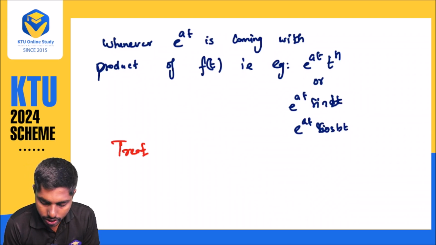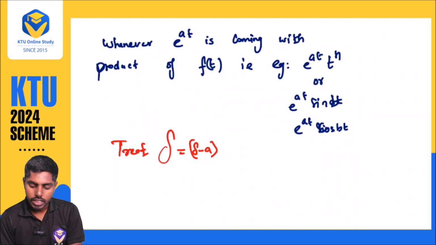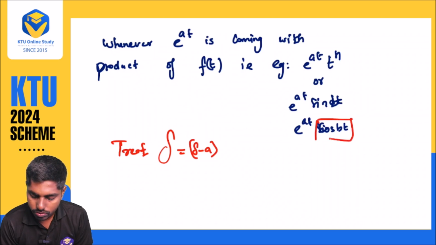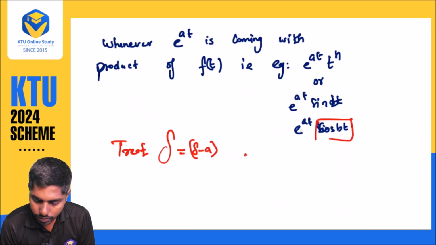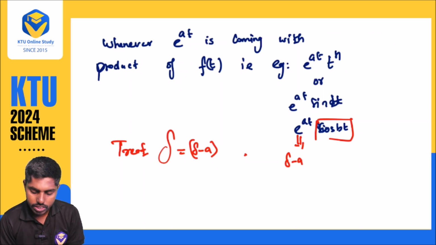Treating capital X as x minus a, then you want to identify the value of a from e power of at. First we know x minus a. You want to make it very simple.